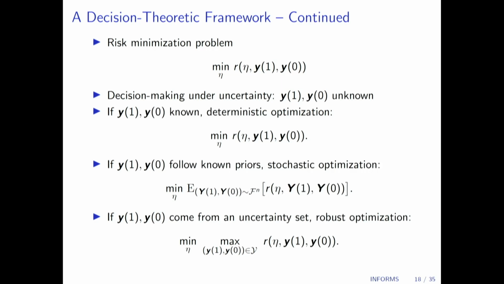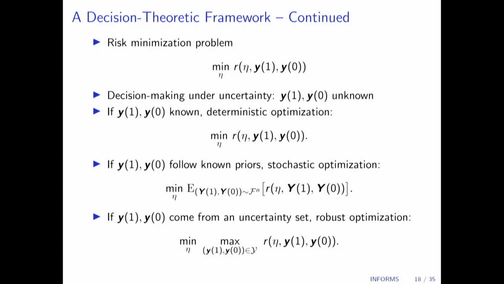So a key comment I want to mention here is that whichever formulation that we choose reflects our modeling of the uncertainty. If we collect historical data, if we trust it, we use it as a prior, then this can help us do the stochastic optimization. Or if we don't have historical data, or if we don't believe in it, we want to be robust, then we will usually choose the minimax framework.